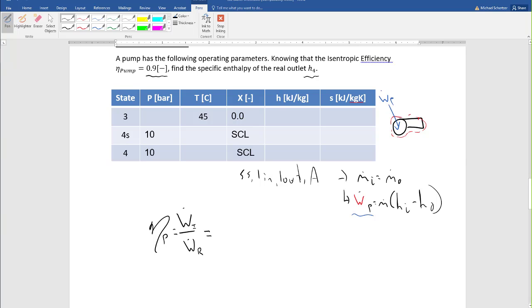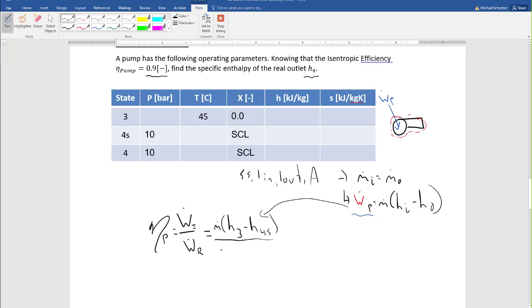Right? So now, because I know my pump power equations, this is going to be m dot times, for the ideal pump, the inlet is state 3 and the outlet is H4S.